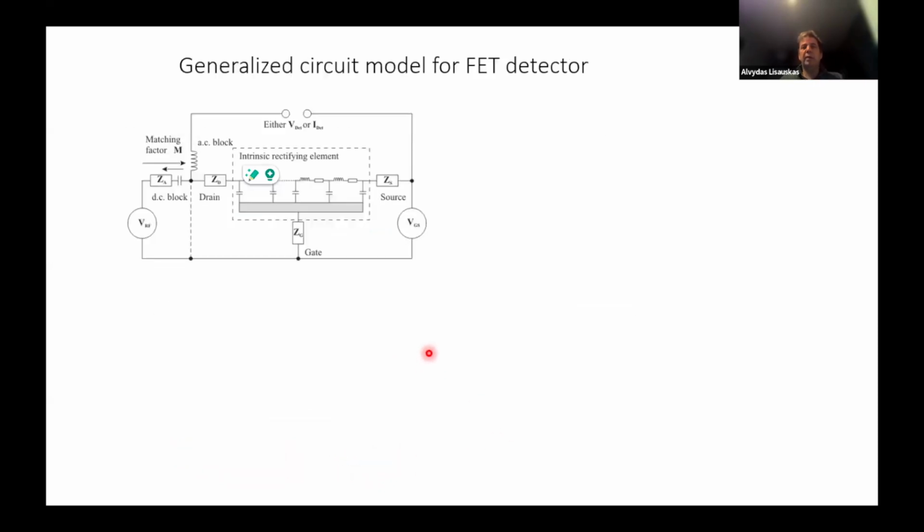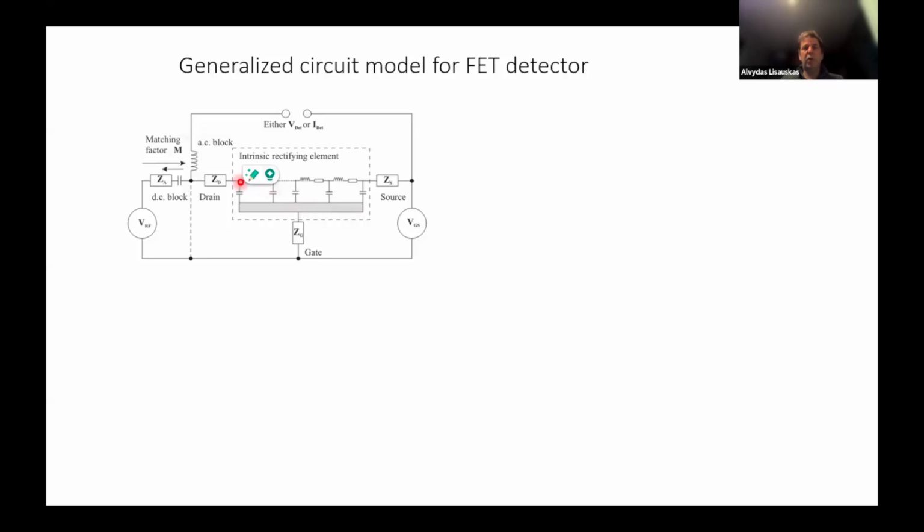So intrinsically, a transistor is nothing else than a distributed picture. One can write it very nicely as a distributed R of the channel, C to the gate, and then there is a kinetic inductance, which also becomes important at frequencies above fT.